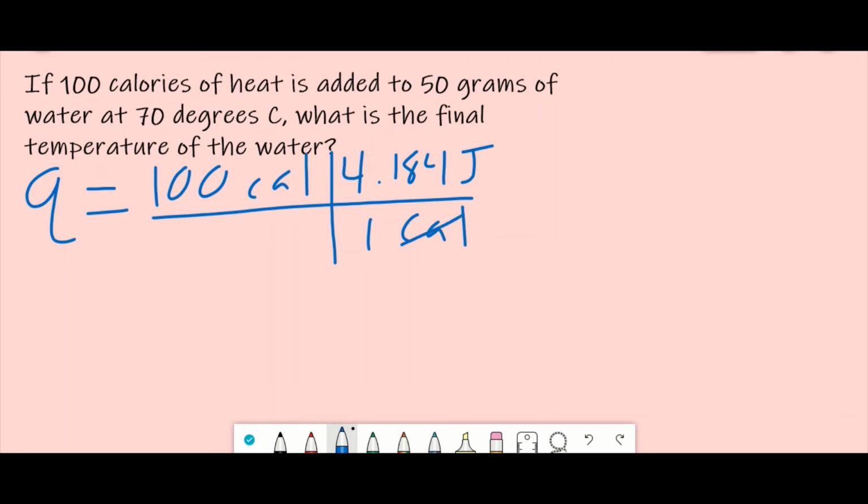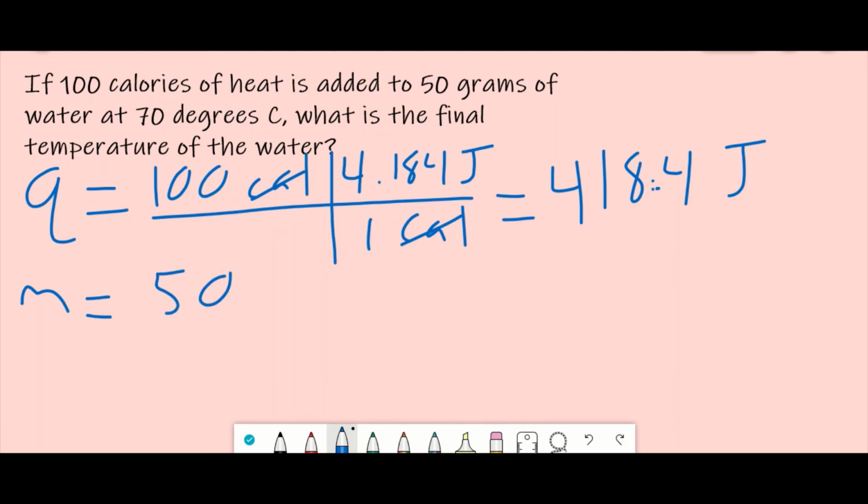The calories will cross out. 100 times 4.184, if you know multiplying by 100, you just move the decimal point over 2 times. So it's going to be 418.4 joules.